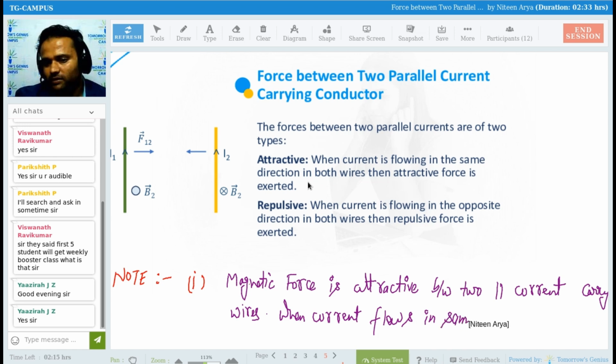What is the meaning of saying that? Same direction. Okay, let me write in the middle.